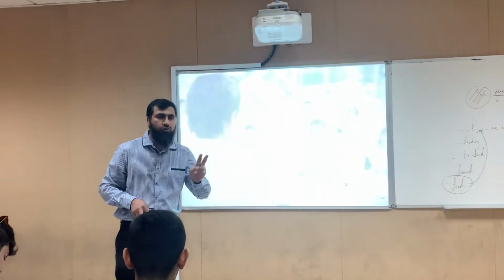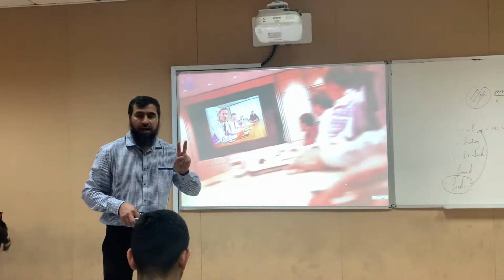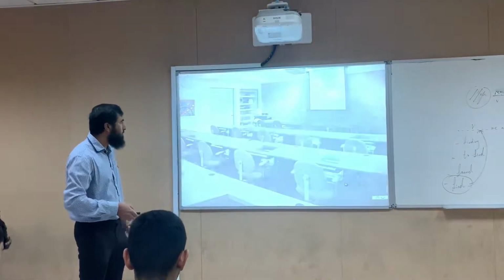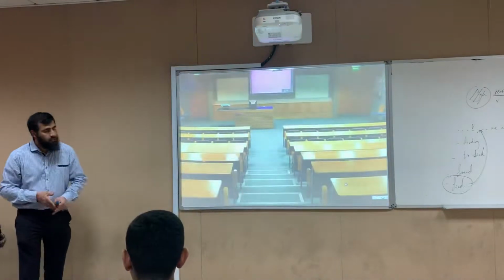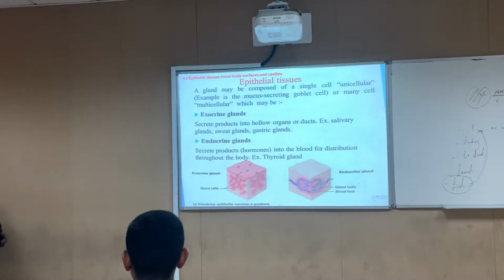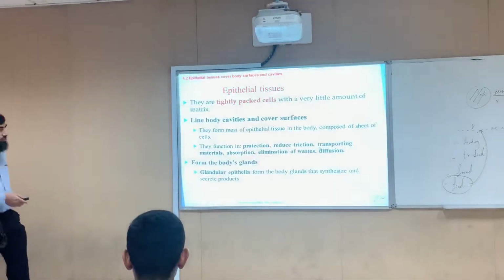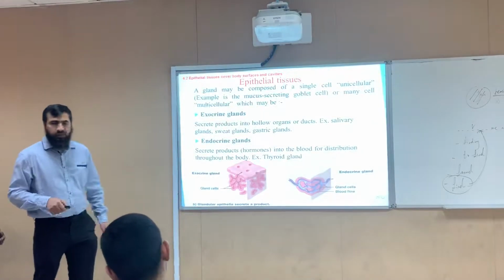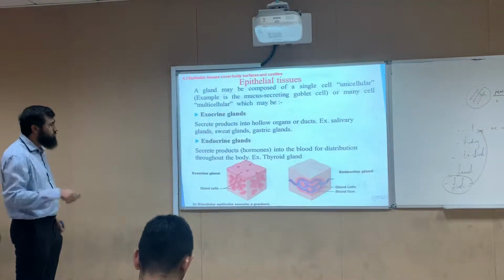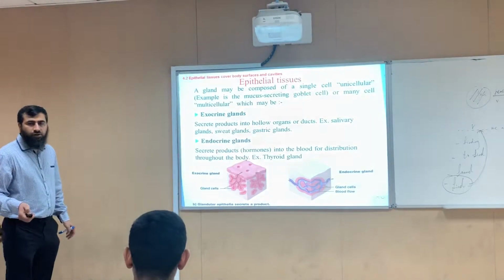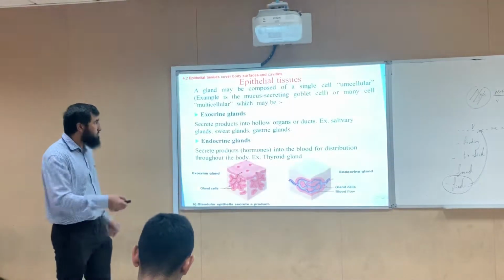Those two gland types are made up of epithelial tissue. Before we get on to the main types of epithelial tissue, we'll reiterate what exocrine and endocrine glands are.